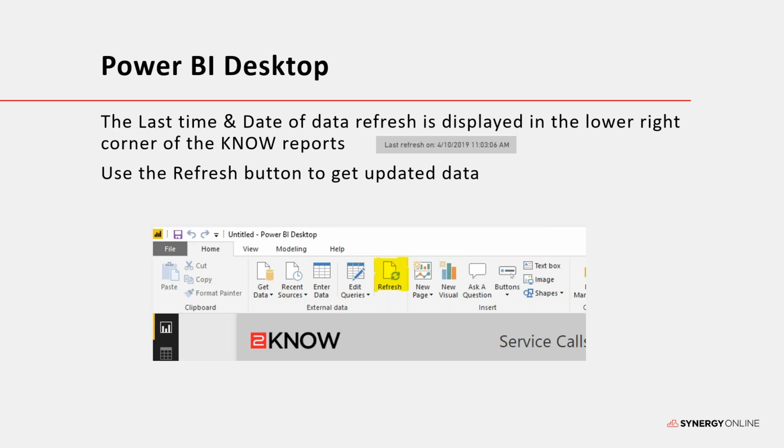You don't want to cause problems for the rest of your users if they're long-running queries. So you can refresh the report in Power BI Desktop just by clicking the refresh button. But once it gets published to the Azure cloud, we'll talk about scheduling a refresh of that data in a few minutes.